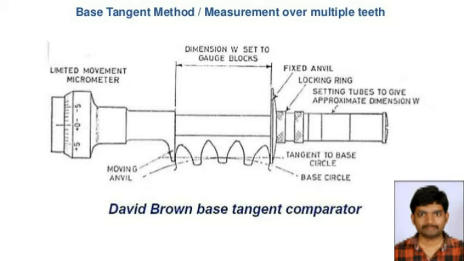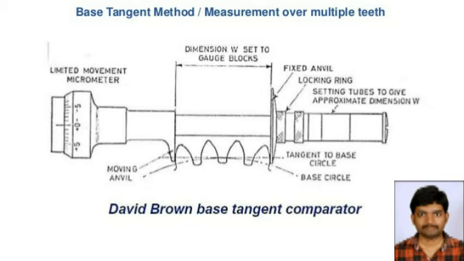The distance between the moving anvil and fixed anvil can be set by using slip gauges. And we have a locking ring to lock the position of the fixed anvil and setting tubes to give the approximate dimension W.